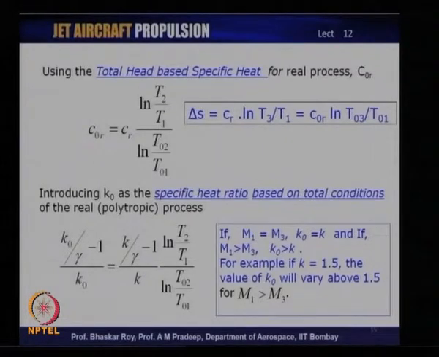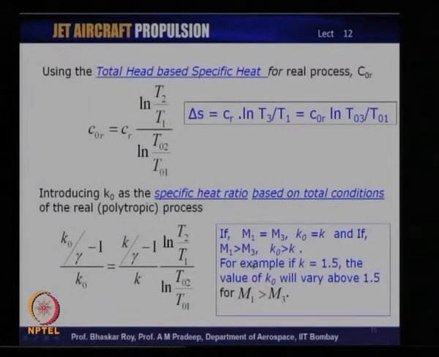What happens is, if you introduce the specific heat ratio as a total parameter, then if the entry and the exit Mach numbers through the compression process are equal, as we have said it sometimes could be, then for all practical purposes K_0 is equal to K, and we do not have to bother about K_0. However, if M1 is greater than M3, then K_0 is likely to be greater than K, and in many practical compressors quite often it may well be so.